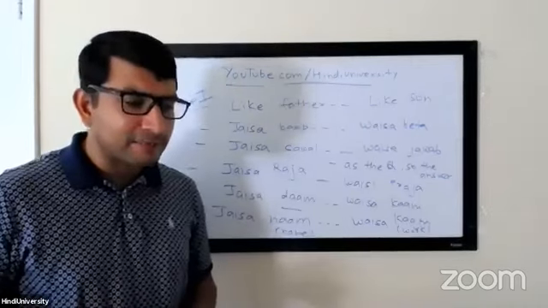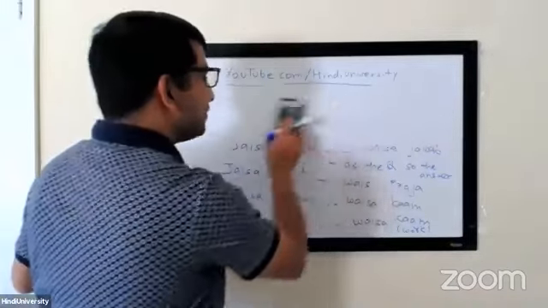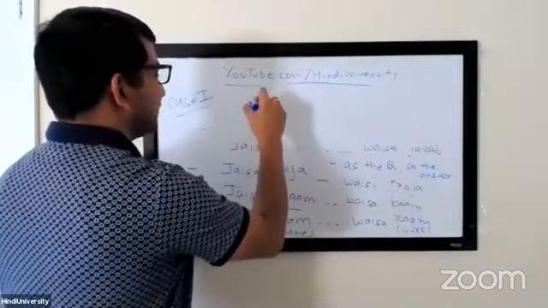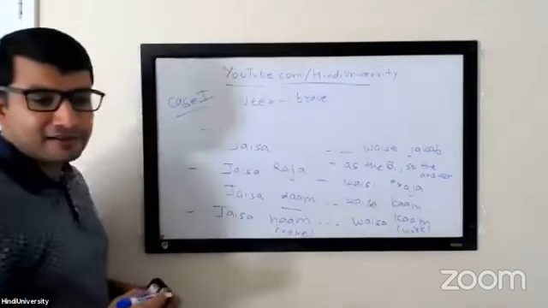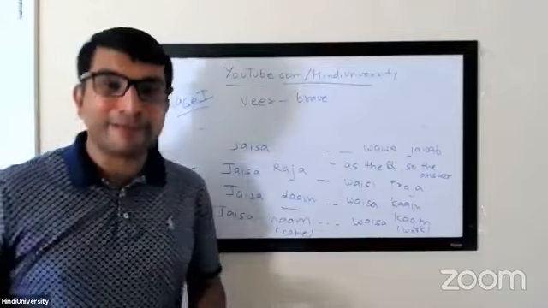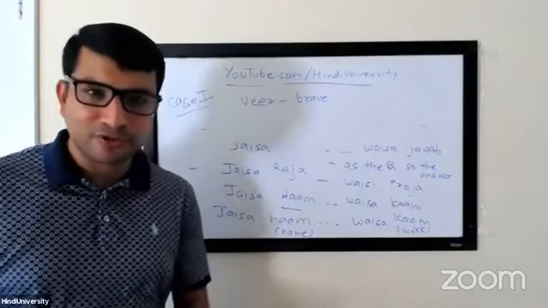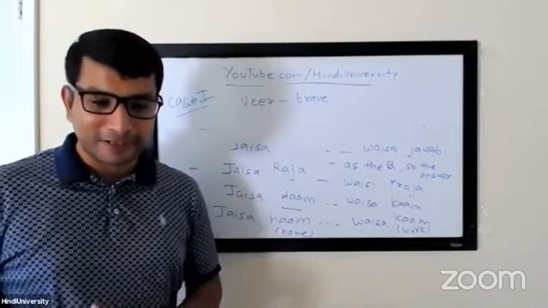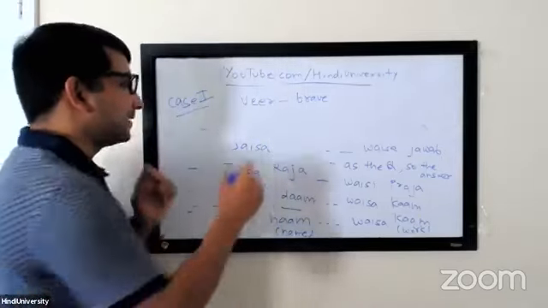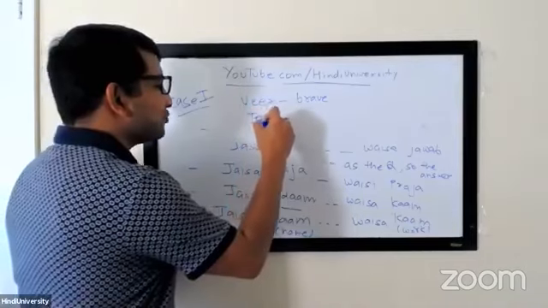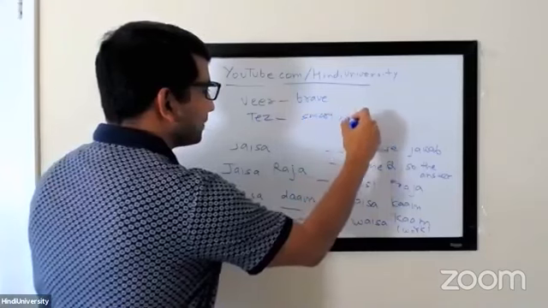Right? So let's say somebody's name is Veer. Veer means brave, and they are really brave in real life, as a person also. You can say, "Oh, jaisa naam vaisa kaam." Okay. Similarly, Tej you can say is smart or sharp.